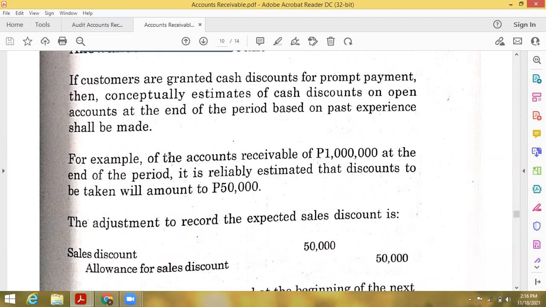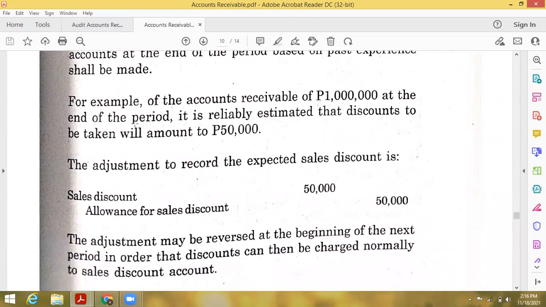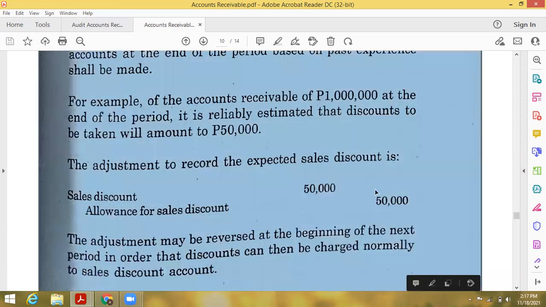So, pwede na daw natin i-estimate yung allowances na discounted amount na natin. Ganito siya. Sabihin natin, for example, meron tayong accounts receivable na 1 million. At the end of the period, in-estimate daw natin na may discount yan na 50,000. So, ang entry natin dyan, we have sales discount 50,000, then allowance for sales discount 50,000.